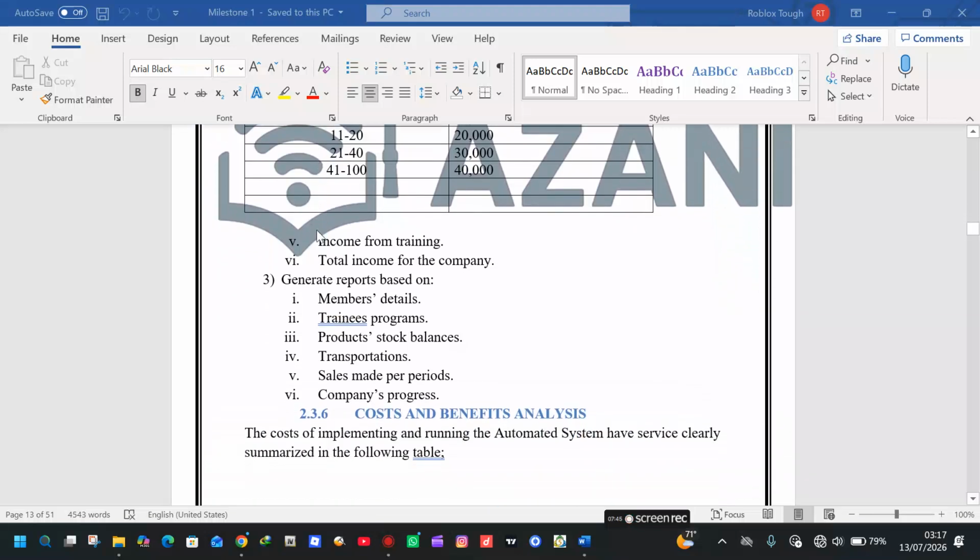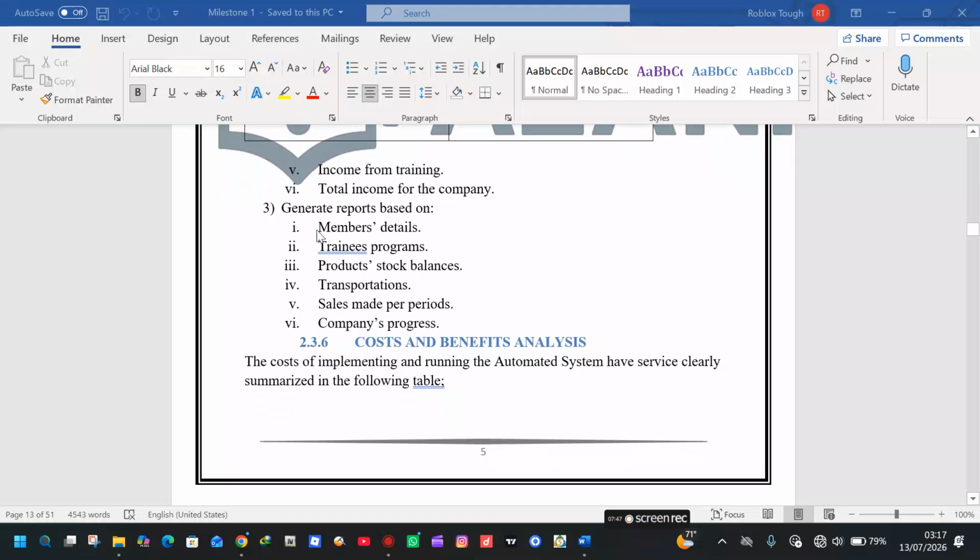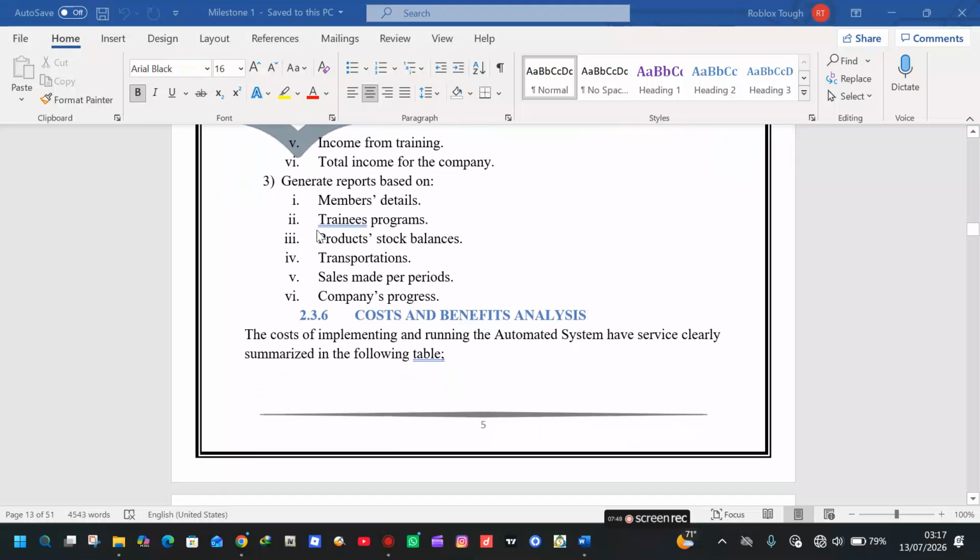The next one is income from training, total income for the company. So number three, the system should be able to generate reports based on members' details, trainee programs, product stock balances, transportation, sales made per period, and company projects.